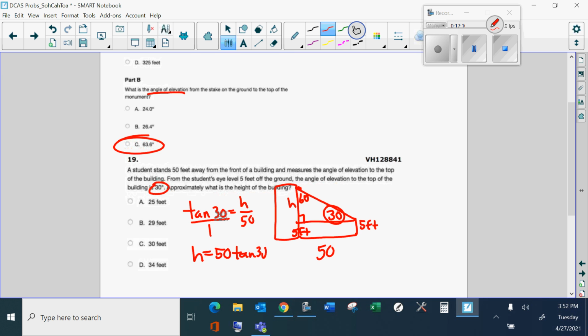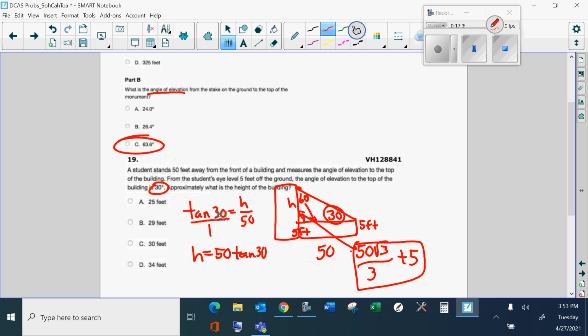Okay, that's much quicker than the other way. Well, if you know this would be divided by root 3 because it's a 60-degree side, you get 50 root 3 over 3. Okay, so that's what the height is right there, plus the 5. We'll see that we get the same answer for both.